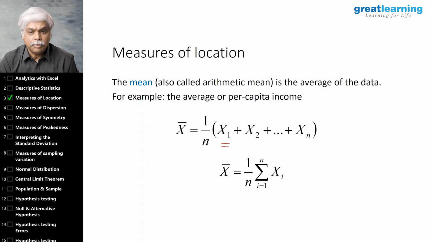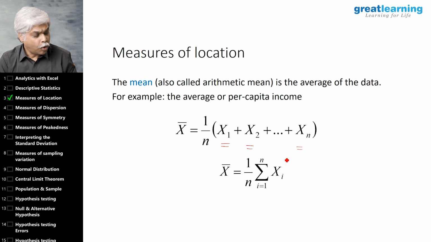Similarly, x2 refers to the second observation from variable x, or the second data item in a column. Similarly, xn would be the last. N therefore indicates how many observations there are.